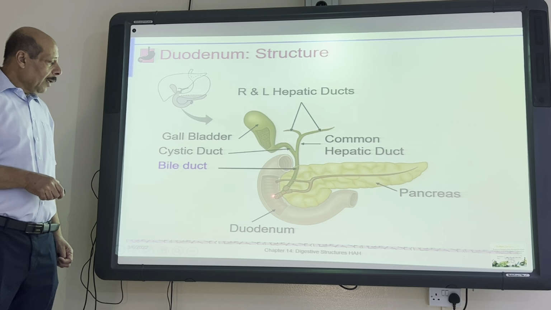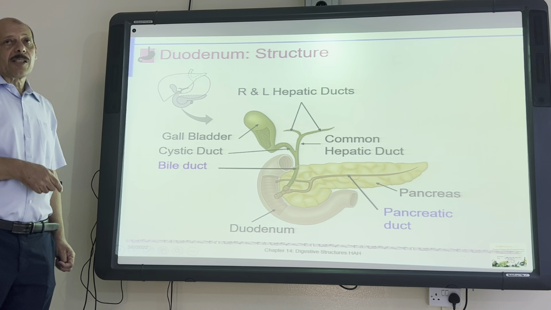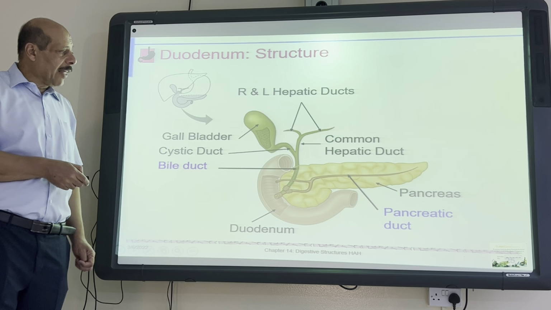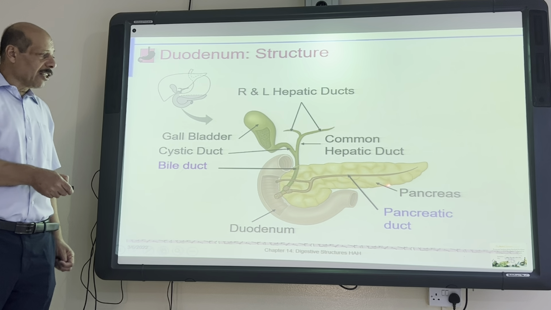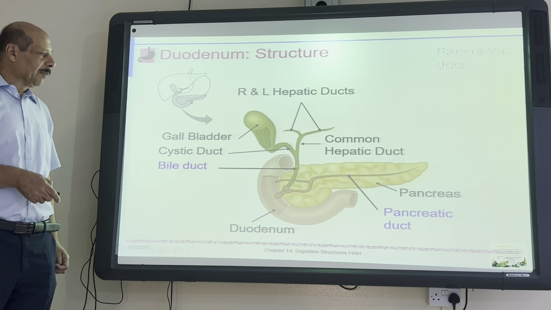This is the pancreatic duct. We said that the pancreas is endocrine and exocrine. So the exocrine secretion goes through the pancreatic duct here to the duodenum.